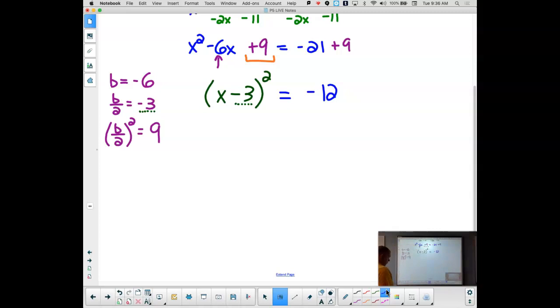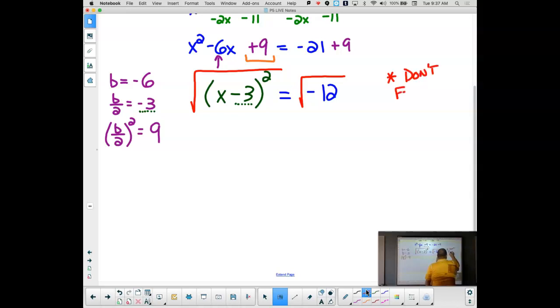Now to solve it from here, you are going to take the square root of the left side and the square root of the right side. One thing that I will tell you is don't forget, ooh, she's lagging today, the plus or minus.